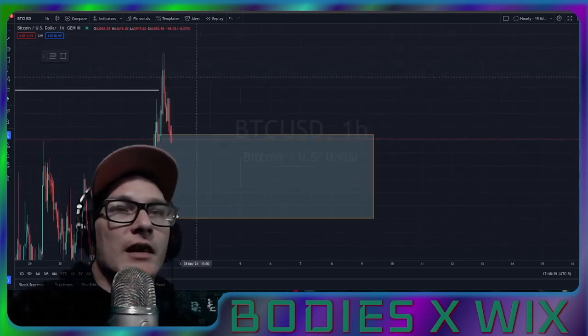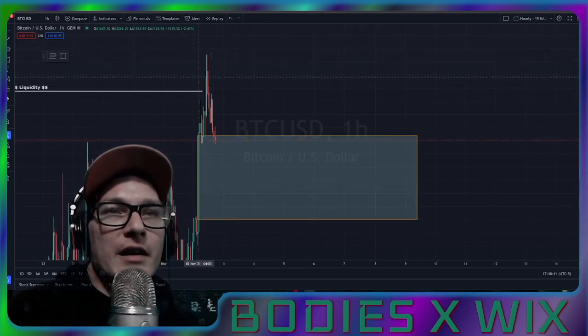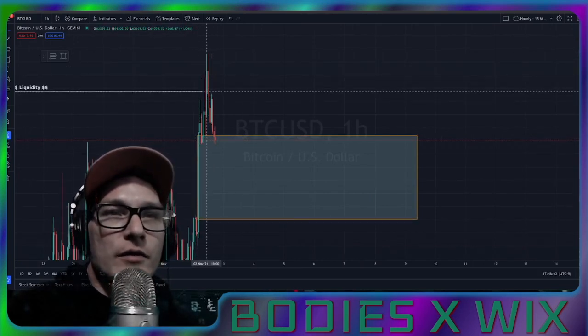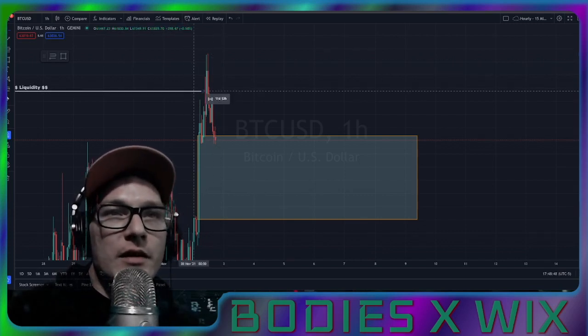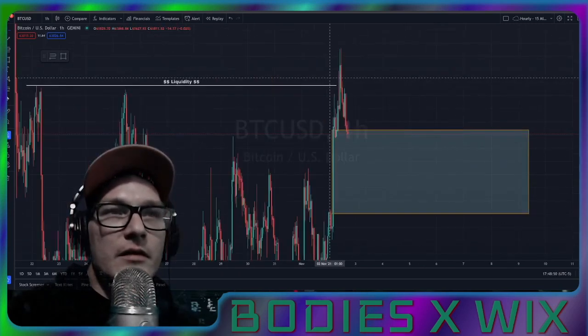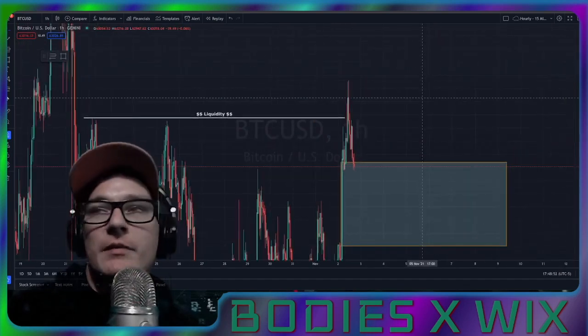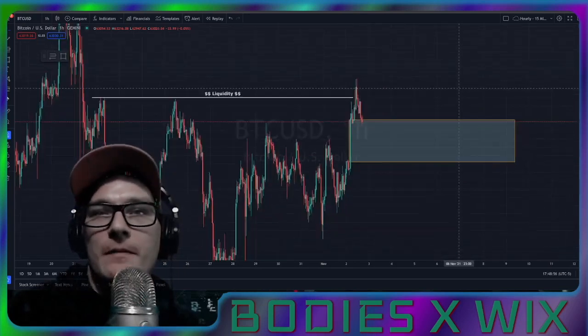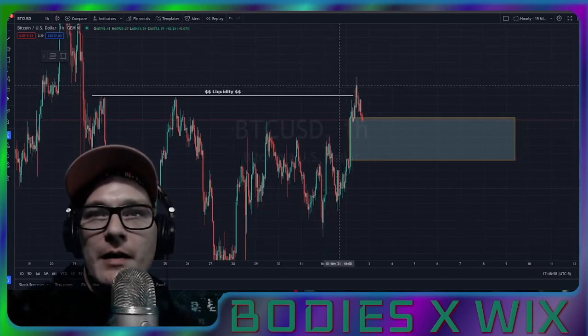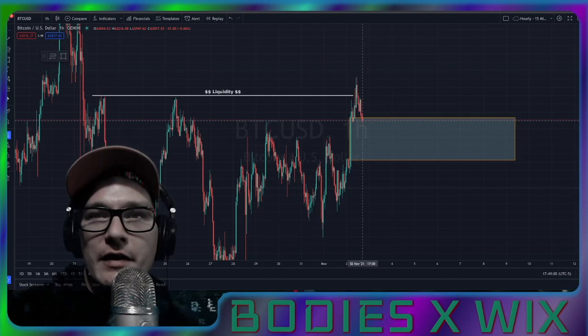All right, it took out that liquidity, took out anybody that was either trying to sell short or trying to catch a breakout and go long. So it took out both of these. That's what smart money is known to do, try to take out people from both sides. All right, falling back into this fair value gap for the hour.